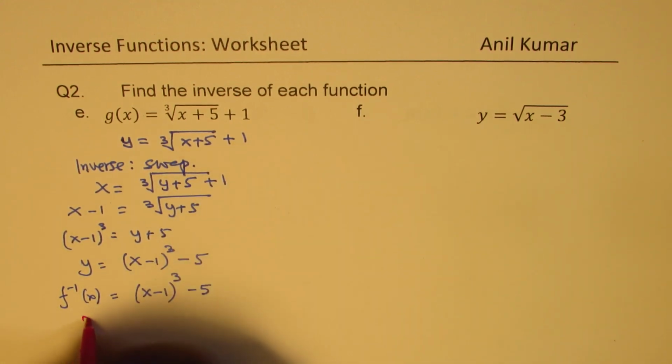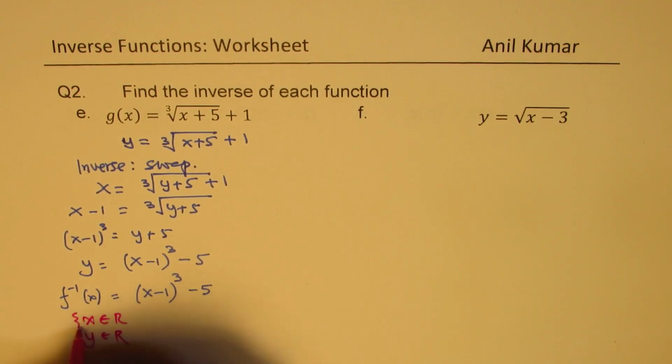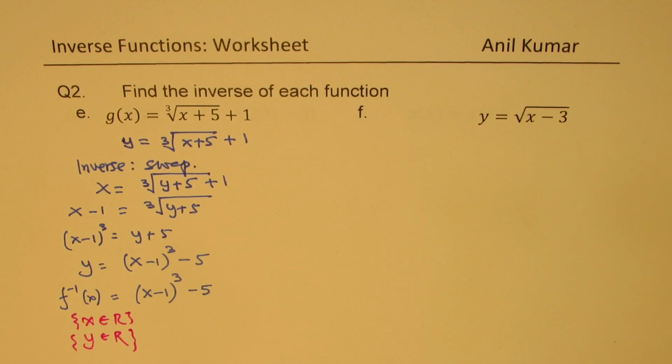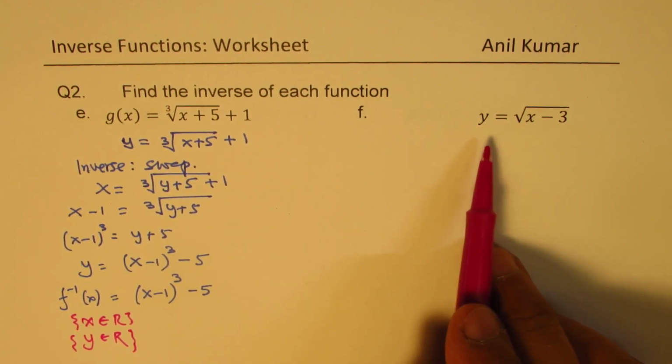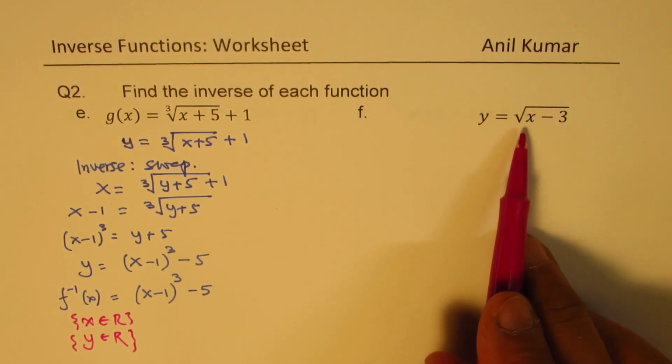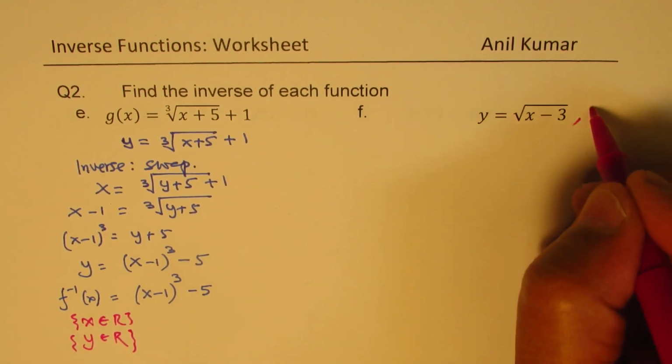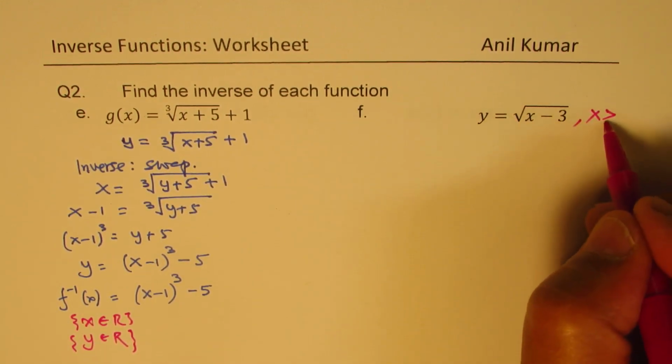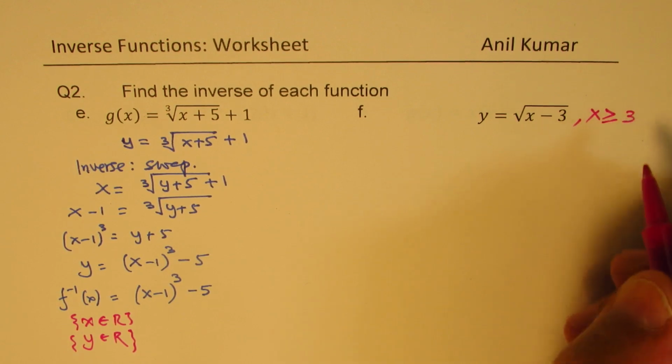So here we know x belongs to real numbers and y also belongs to real numbers. So that is the domain and range. So no need to worry. But in the next example, where we have y equals square root of x minus 3, in this case x has to be greater than or equal to 3, correct?